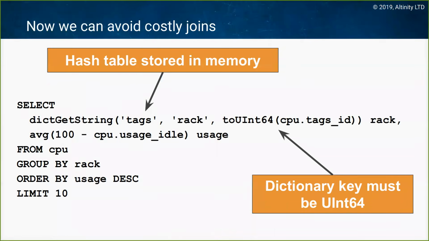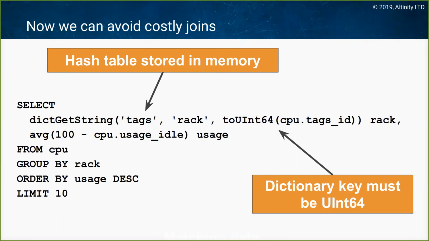We have some special functions that we use to avoid the join. The syntax is a little bit interesting, but basically we have this dictGetString function that gets a string value, and what we do is give the name of the dictionary, which is the hash table, and then the key value that we use to do the lookup.